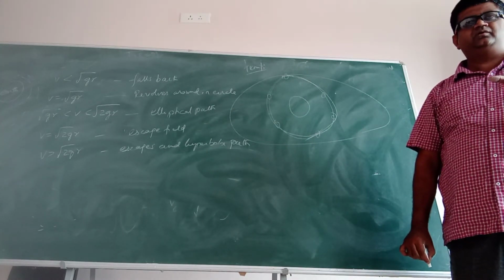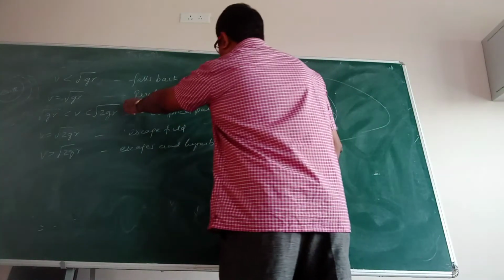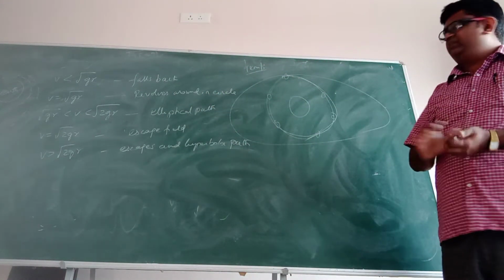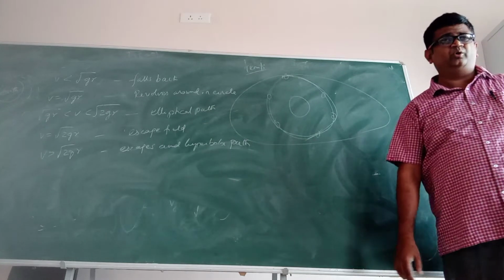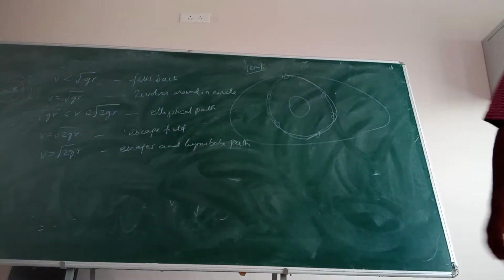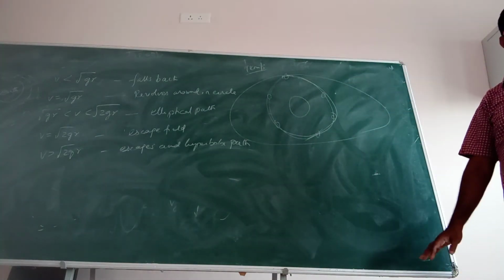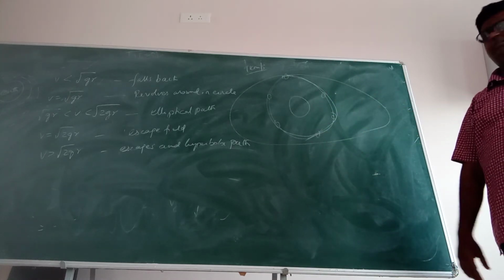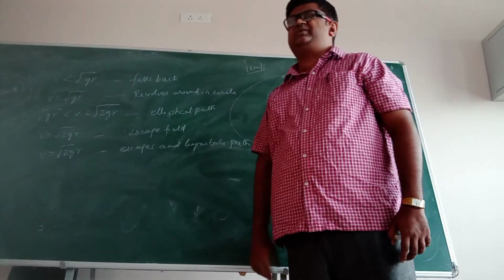Difference understood? If it is exactly this speed, it will go in a circular path. If it is slightly more than that, it will not go in a circular path. It will take an elliptical path. But will it escape into space? No. Because the speed is not sufficient.